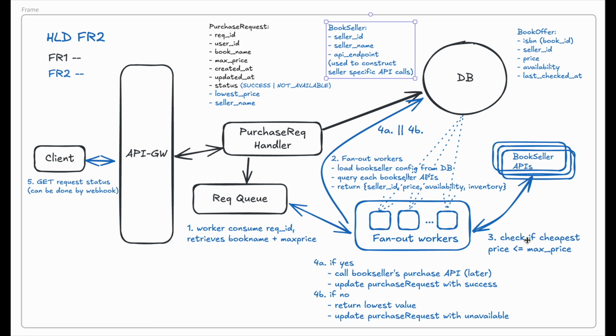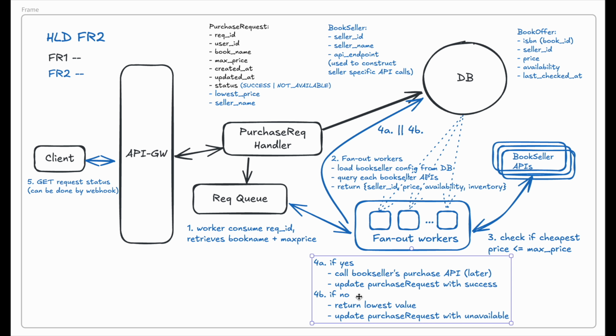And step 3, the worker filters out unavailable or overpriced offers. It selects the cheapest seller whose price is within the user's max price. Step 4 splits into 2 parts. In step 4a, if a valid match is found, the worker updates the purchase request with status equal to resolved, the resolved price, and resolved seller, and proceeds to automatically trigger the purchase in the next functional requirement.